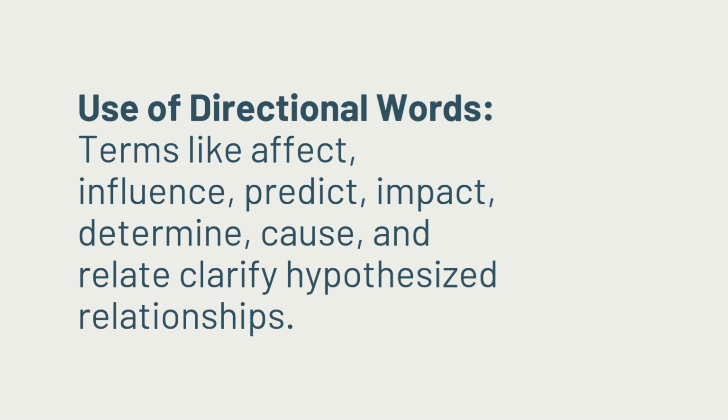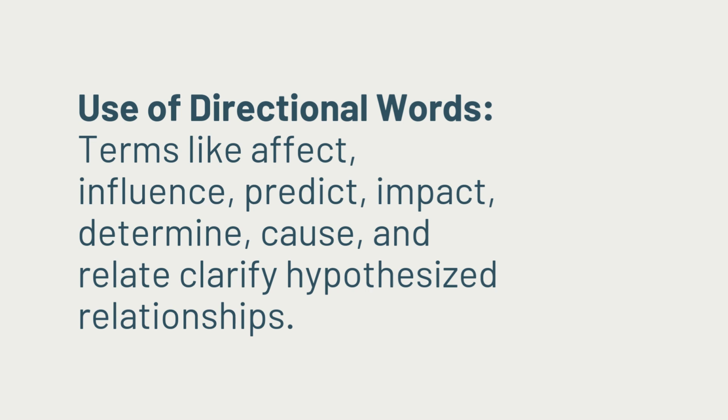So here, the word reduces directly indicates our expected effect, which is that exercise is hypothesized to have a decreasing influence on stress. So this not only makes our prediction clearer, but also sets up a straightforward test for our analysis, as we're looking for a particular direction in the relationship.